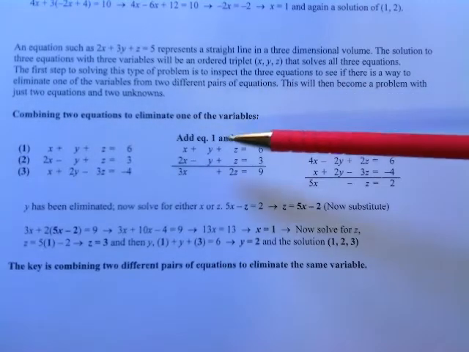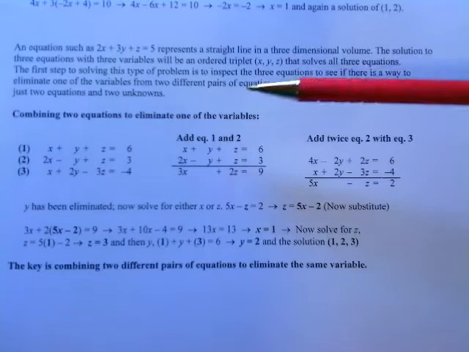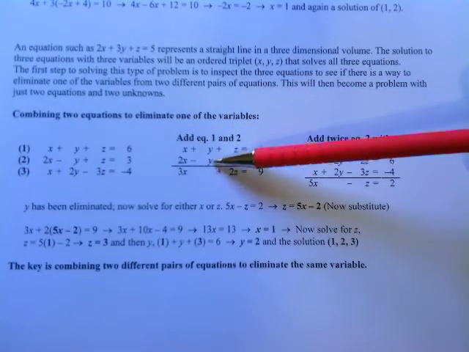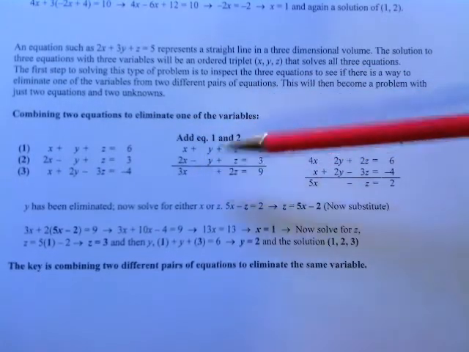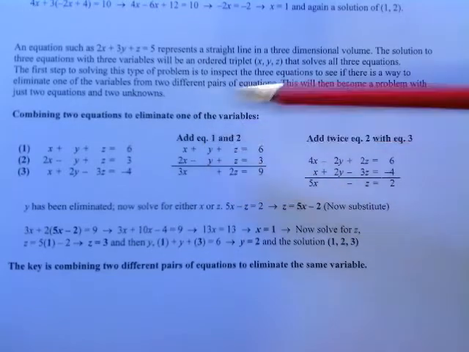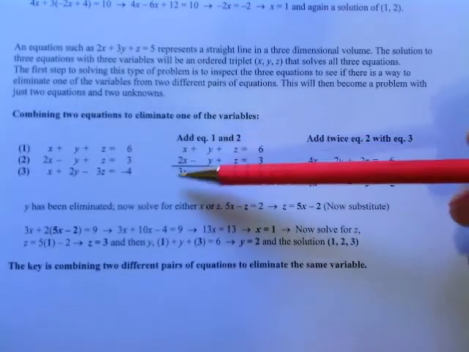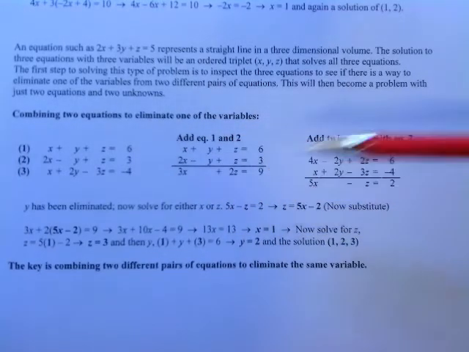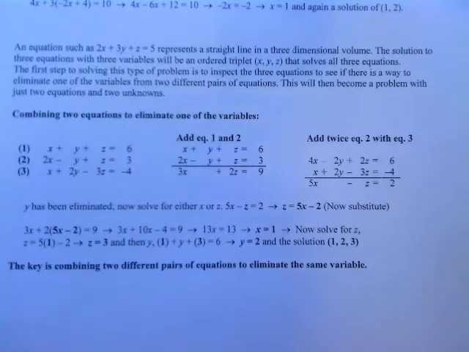So here we have taken equations 1 and 2, and notice that we have a plus y and a minus y, and so when we add these two together, since those are already opposites, we get 3x plus 2z equals 9. And then a different pair of the three equations, here equations 2 and 3, we can take equation 2, which we have doubled, and then we have equation 3.